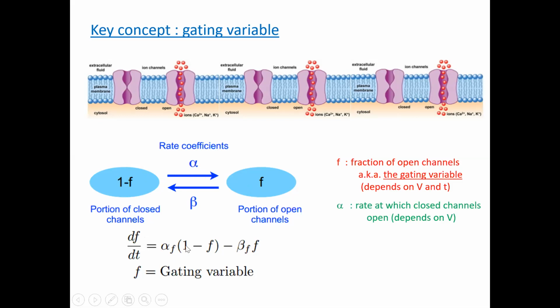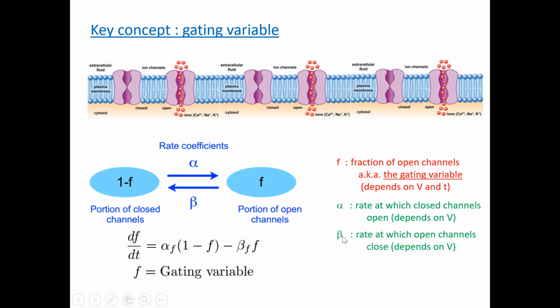That's going to increase the number of open channels. We subtract off the fraction of open channels times the rate at which open channels close, because that's going to decrease the fraction of open channels.